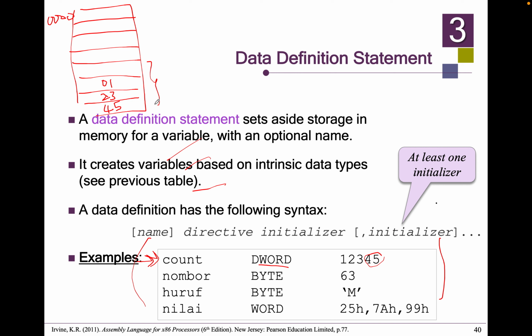And if you still remember, this one is 8. This 8 is 16. This 8 is how much? 24. And this is 32. So you need to have all 32 because it said it is a double word.